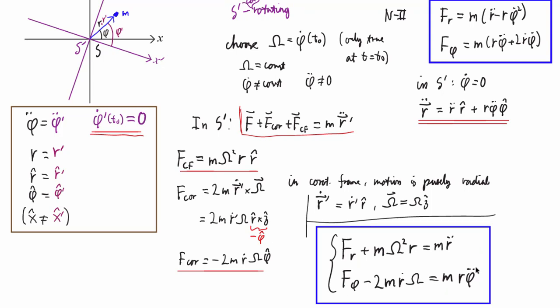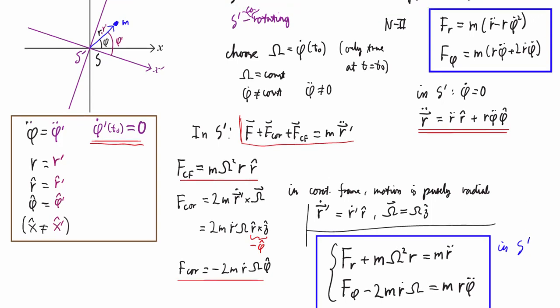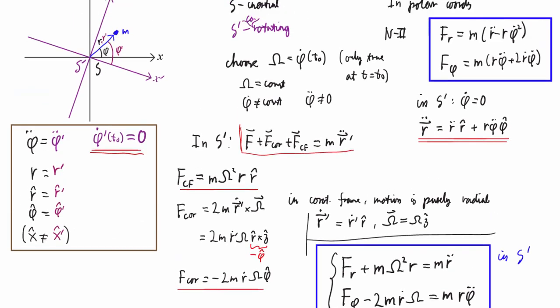So this is now the expression for motion in the rotating reference frame. This is true in S prime. Now over here we have what we found earlier. This is Newton's second law in the non-rotating frame, or in any polar coordinate frame that is inertial.